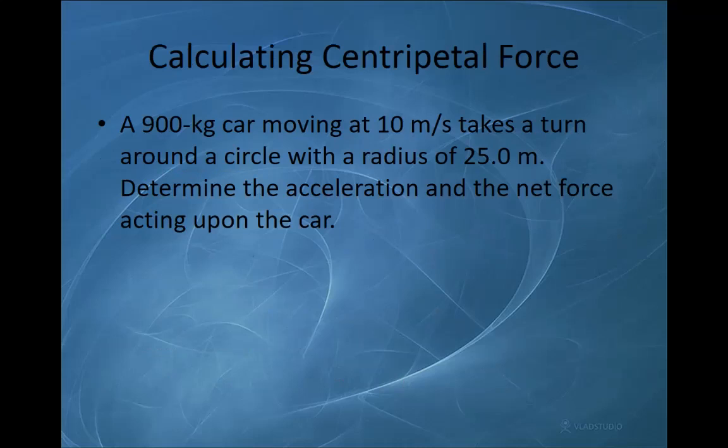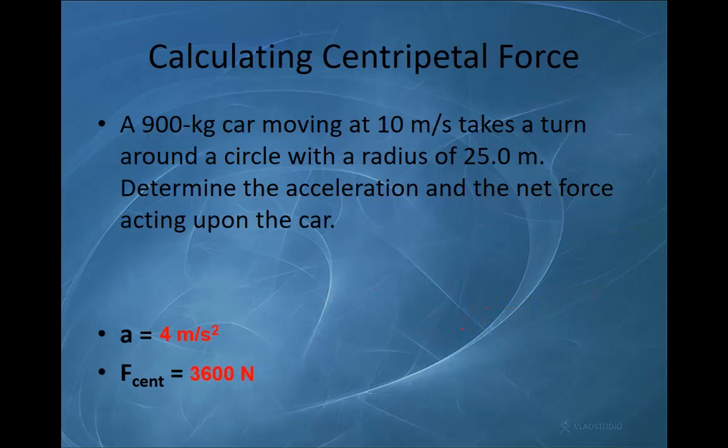So we have a radius, and we're going to be looking at circular motion. So first of all, we're trying to find the acceleration. This is centripetal acceleration. And we end up getting 4 meters per second squared. Okay. So when we do the centripetal force, we end up getting 3,600 newtons.